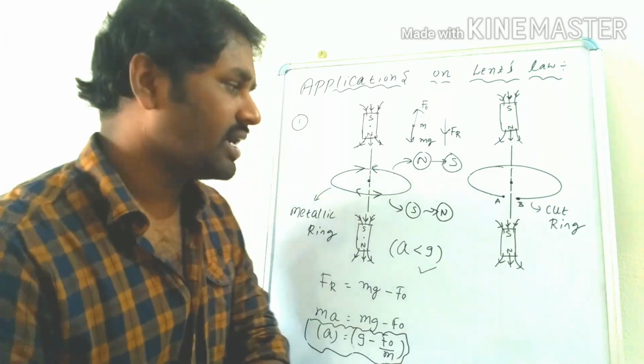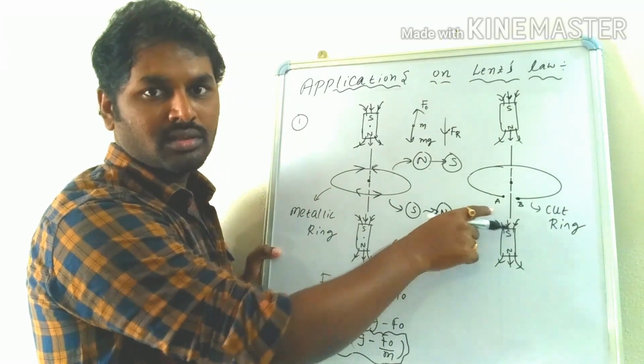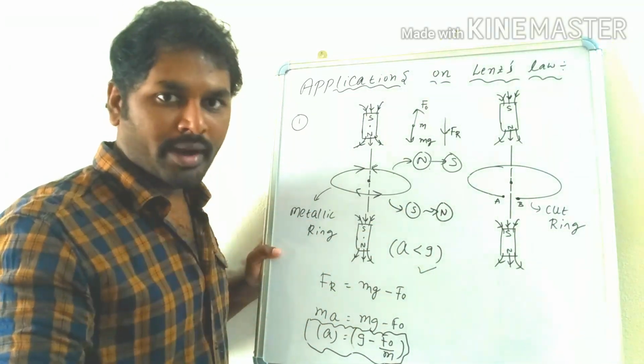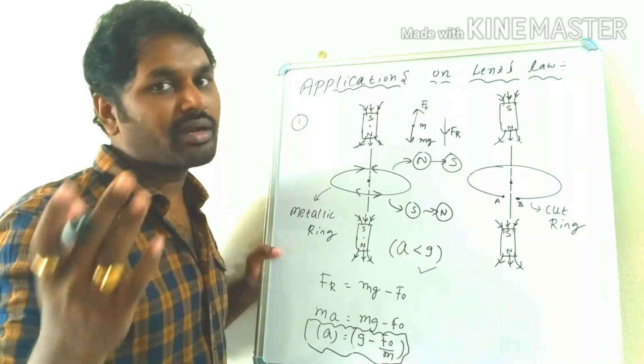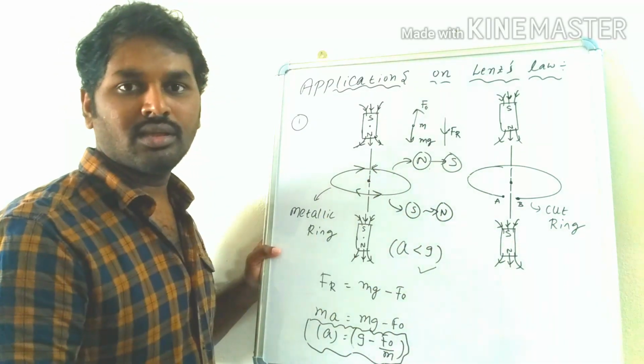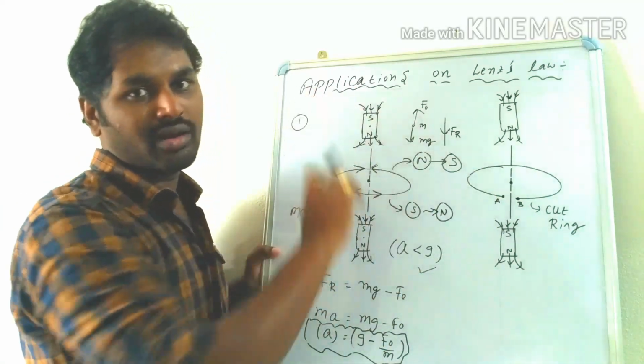No. The reason is that when the circuit is not closed, this is the very basic point, to flow the current, the circuit has to be closed. But here the circuit is open. Due to that, the induced current is not developed here.